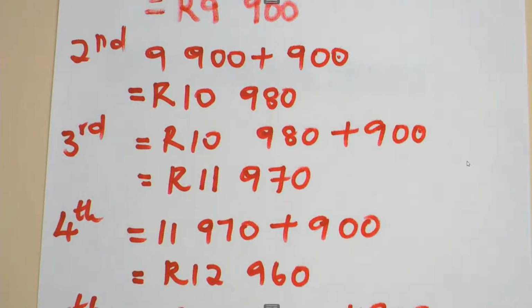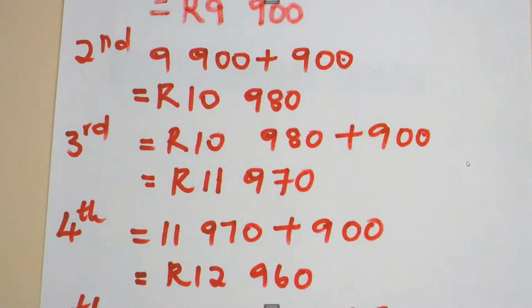Because we are calculating for the first year, we must add 900 to 9,000, and we get 9,900. And then now we come to year number 2. Year number 2, we took the accumulated amount in the first year, which is 9,900. Like I said, the interest remains the same. We add 900.